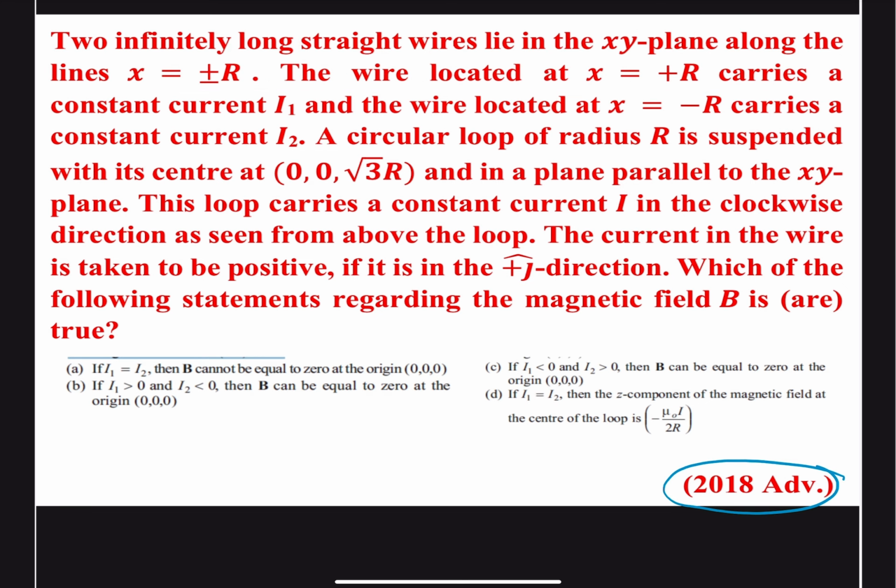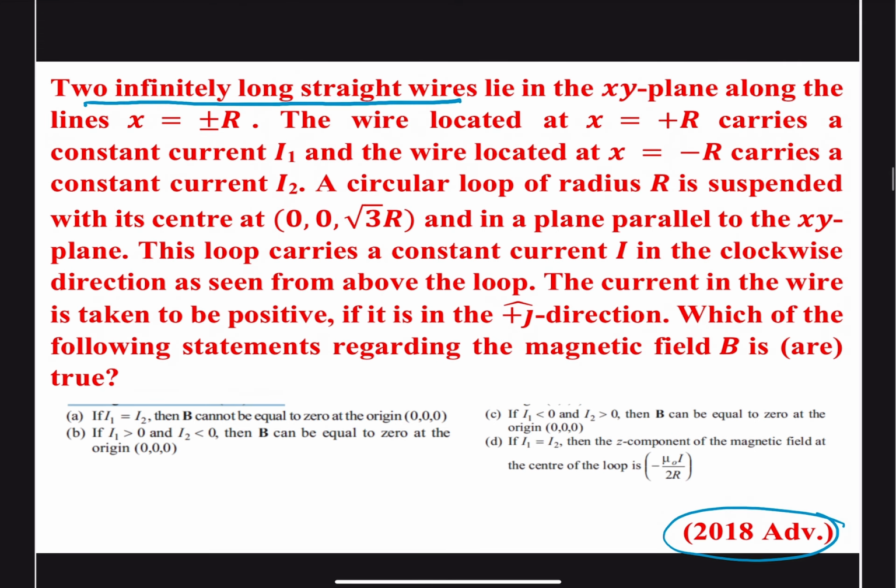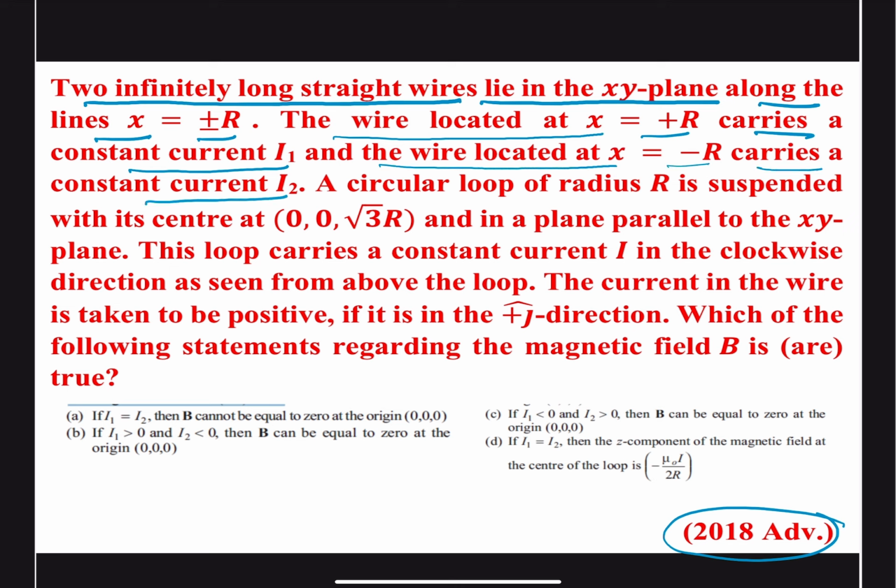and it states that two infinitely long straight wires lie in the xy plane along the lines x is equal to plus minus r. The wire located at x equal to plus r carries a constant current I1, and the wire located at x equal to minus r carries a constant current I2.